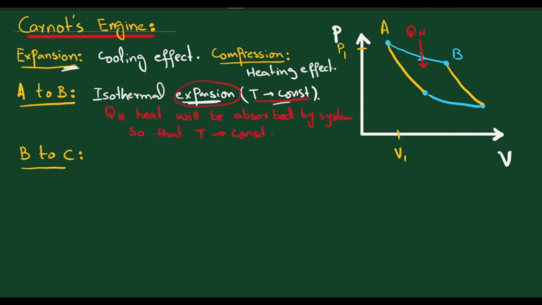Now consider B to C, which is another expansion as the volume increases. As we move towards the right side, the volume increases, and this is called adiabatic expansion.